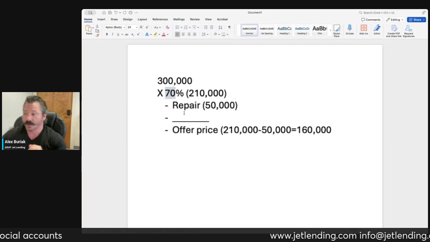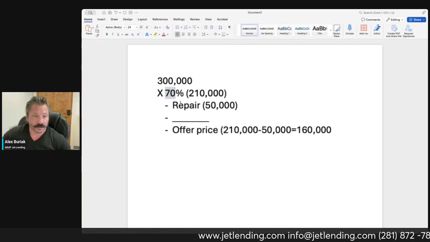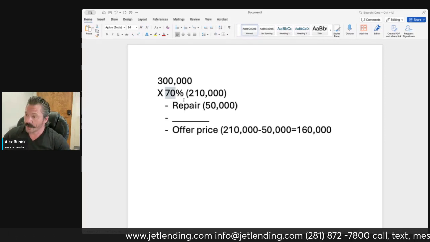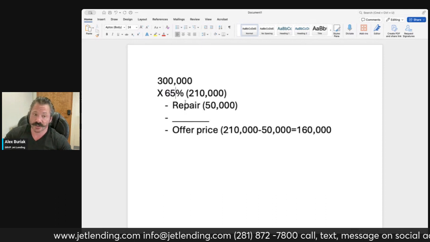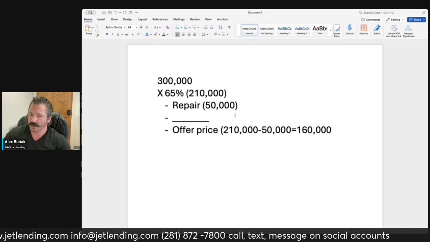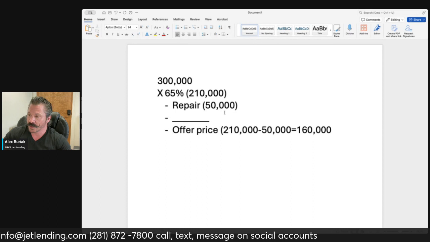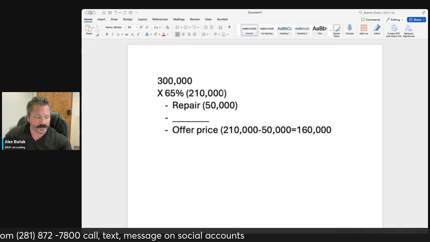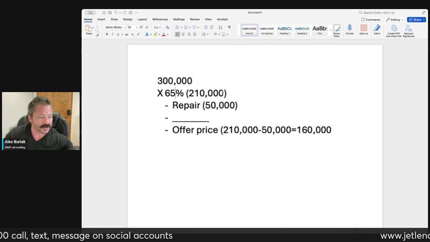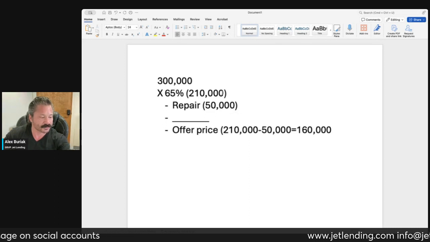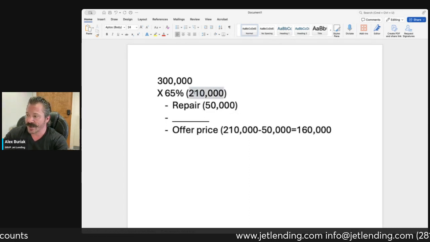Okay, so we can do one more simple equation, because the last equation is a little more complicated, but it gives you a better idea of what you're doing. If you bought this at 65%, so 300,000 times 65%, that puts you at a 195 number.